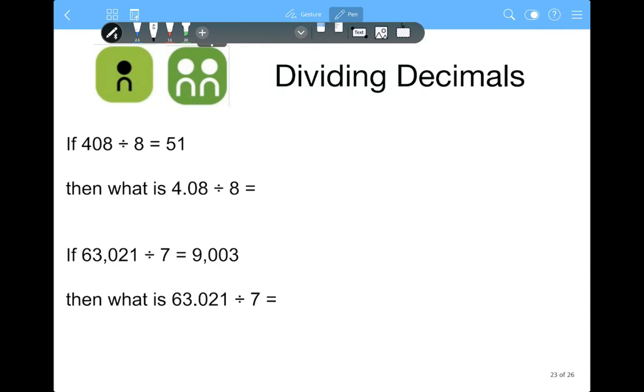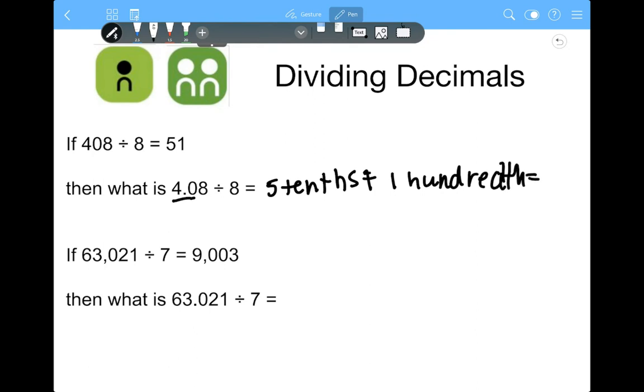Let's go ahead and practice this one. 408 divided by 8 equals 51. Then what is 4 and 8 hundredths divided by 8? So the answer is going to be, this 40 is 4 tenths. So 40 tenths divided by 8 is going to be 5 tenths, plus my 8 hundredths divided by 8 is going to be 1 hundredth.